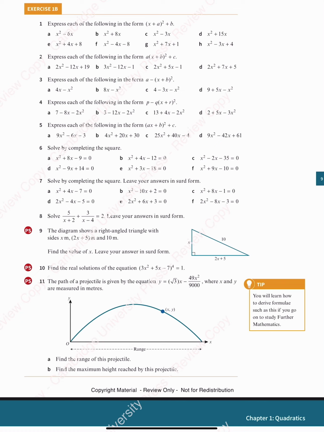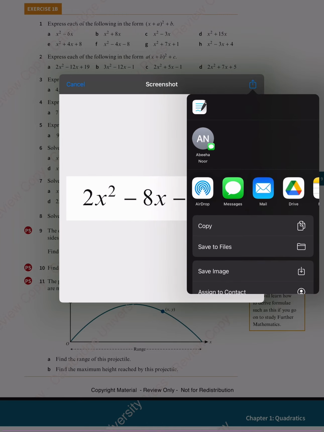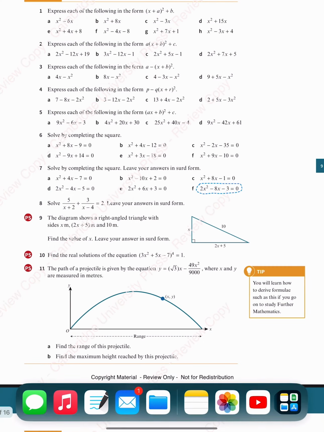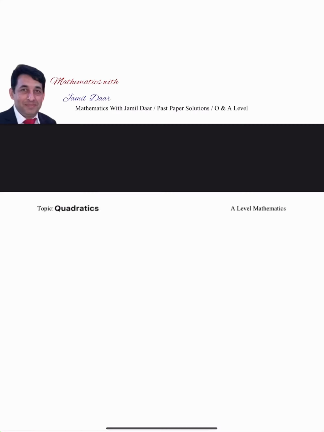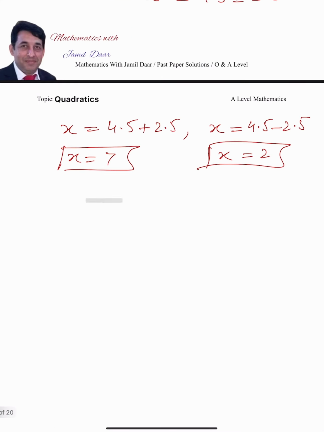So we'll solve one part. Let me select this part F. Okay, part F is, I've copied down, and I'll paste it in the page. Okay, so let me paste it here. Okay, this is the question.